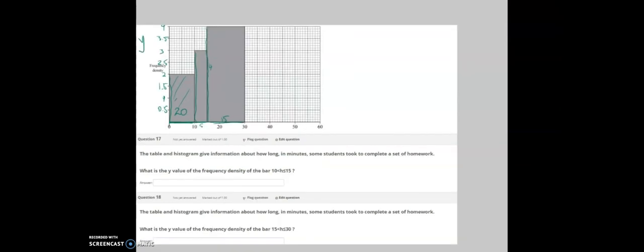Questions number 17 and 18, as well as 19, link to the previous ones as well, so the same histogram and the table. So the table and histogram give information about how long in minutes some students took to complete a set of homework. What is the y value of the frequency density for the bar where h is greater than 10 and smaller than or equal to 15?